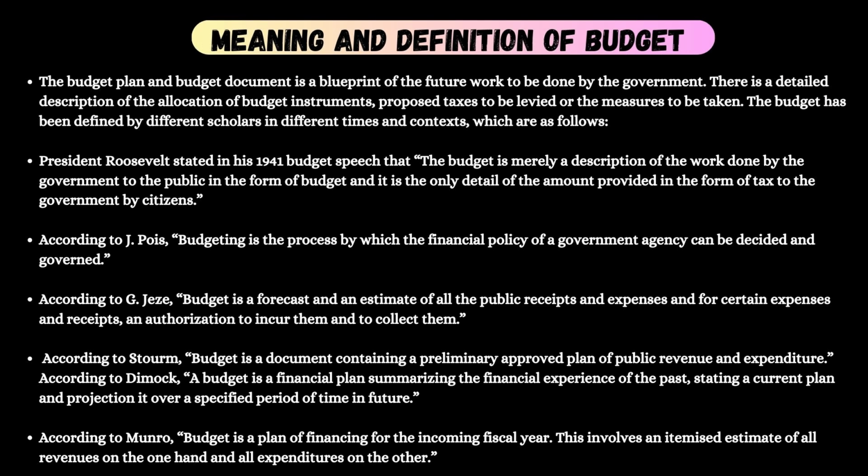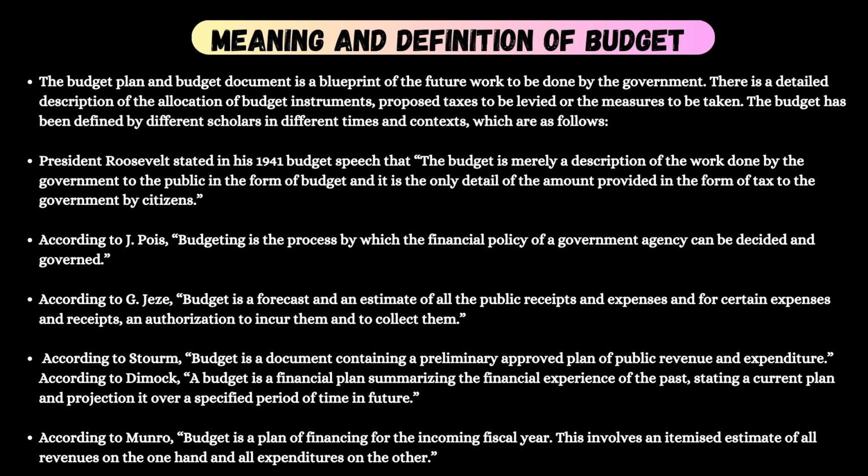The budget plan and budget document is a blueprint of the future work to be done by the government. There is a detailed description of the allocation of budget instruments, proposed taxes to be levied or the measures to be taken. The budget has been defined by different scholars in different times and contexts, which are as follows.